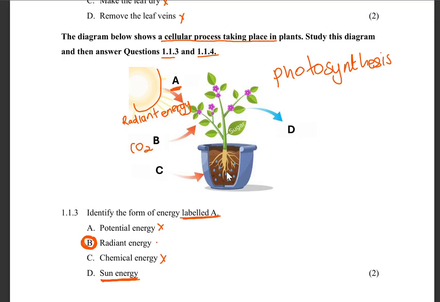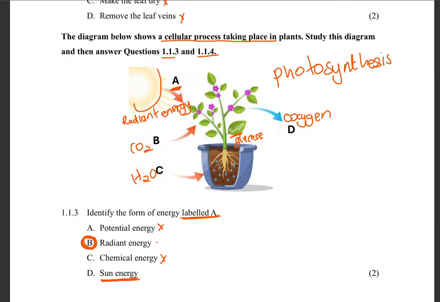Then C is pointing to the soil and the roots, so that would be water, because the plant absorbs water and minerals from the soil using the roots. Then the product here is the sugar, which is glucose. That's the main product of photosynthesis, and the byproduct in the midst of all of this is oxygen.